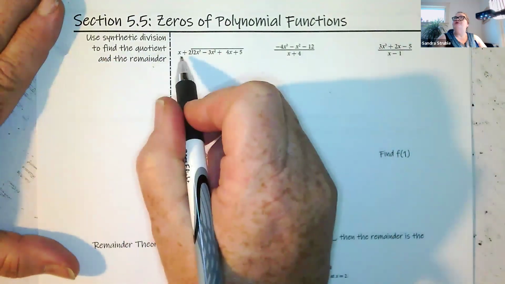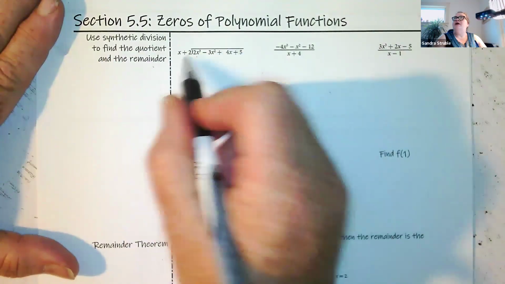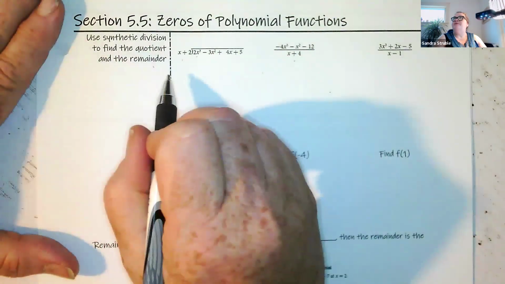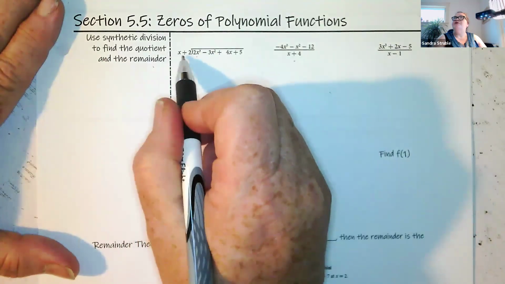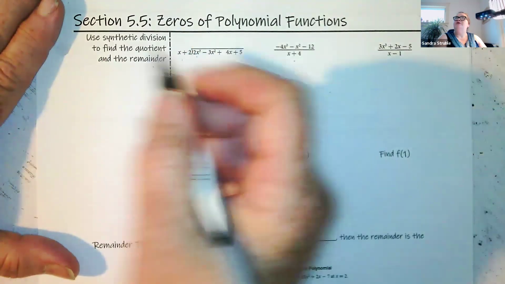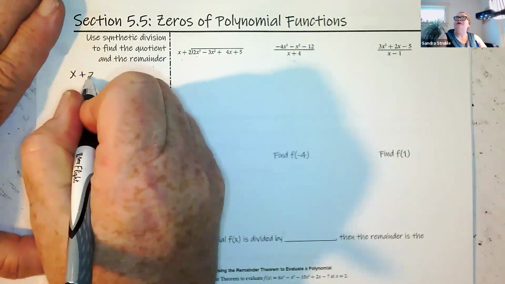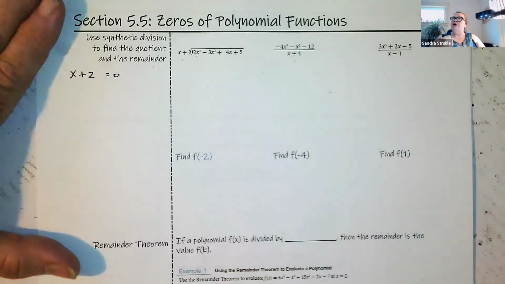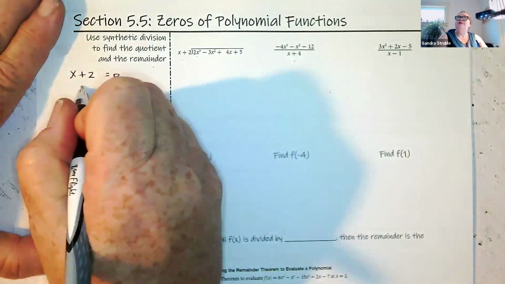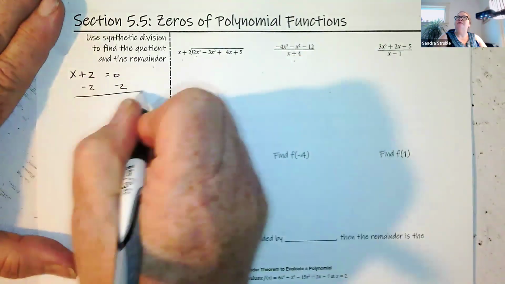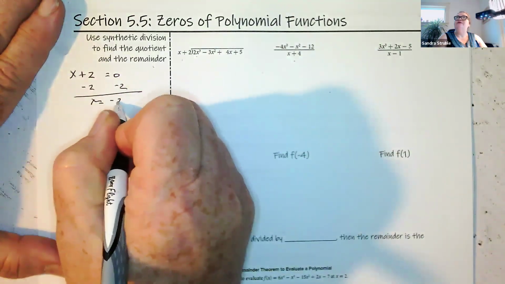If you're given a polynomial divided by a binomial, what we're going to do first is take that binomial, x plus 2, set it equal to 0 and solve for x. We subtract 2 from both sides, and we get x equals -2.